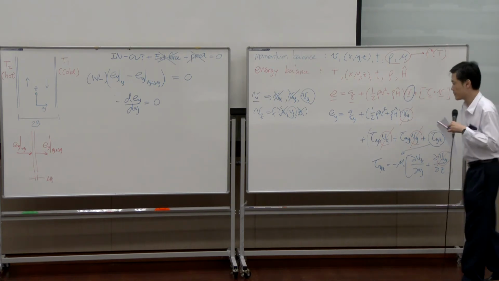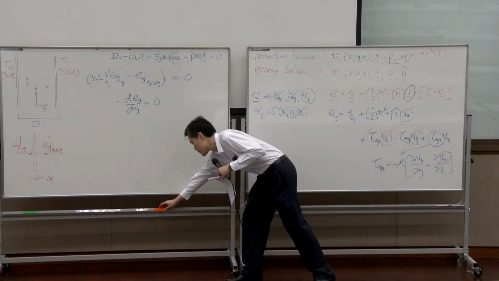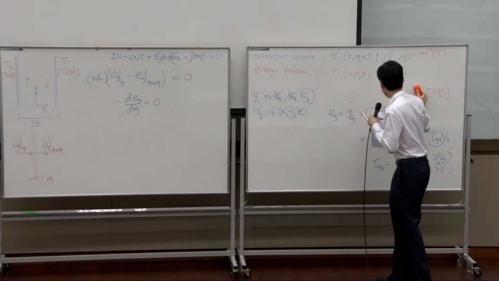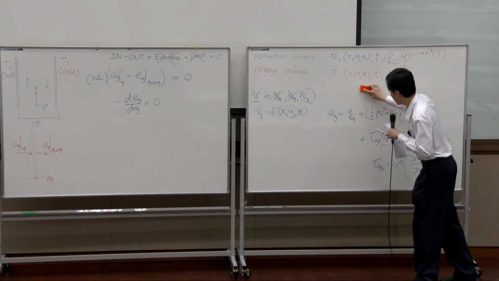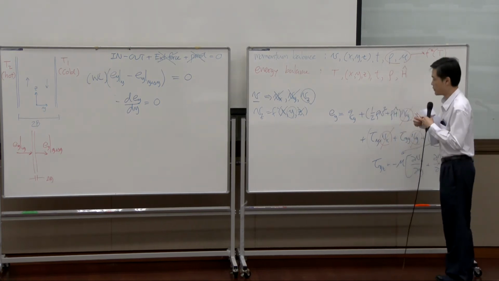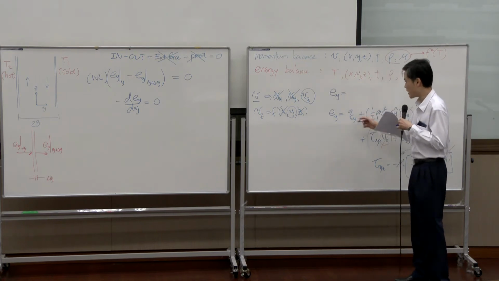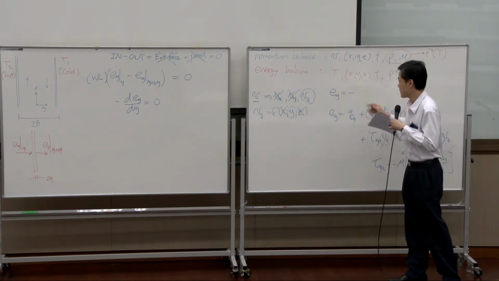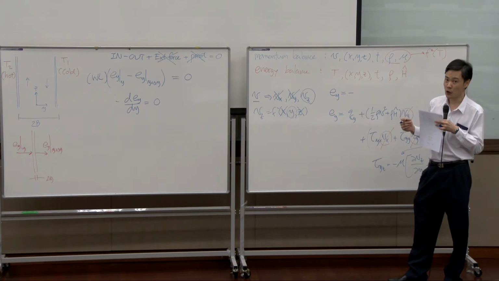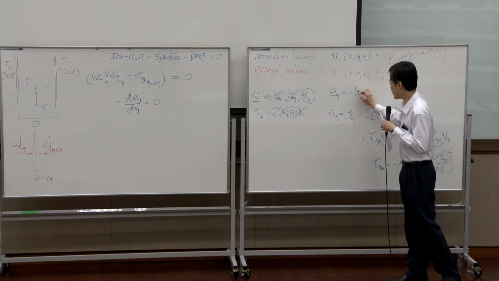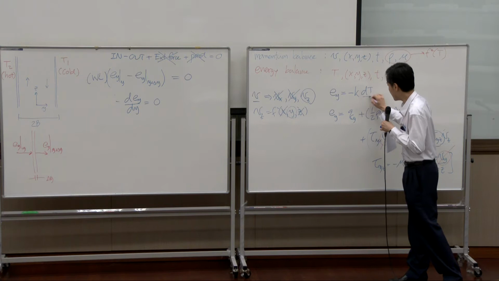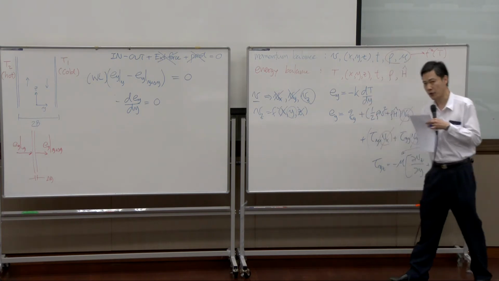So essentially, if I erase this for the moment, rewrite the equation, I will get Ey equal to Qy, which is replaceable by Fourier law. Qy would equal to minus k dT by dy, according to Fourier law.